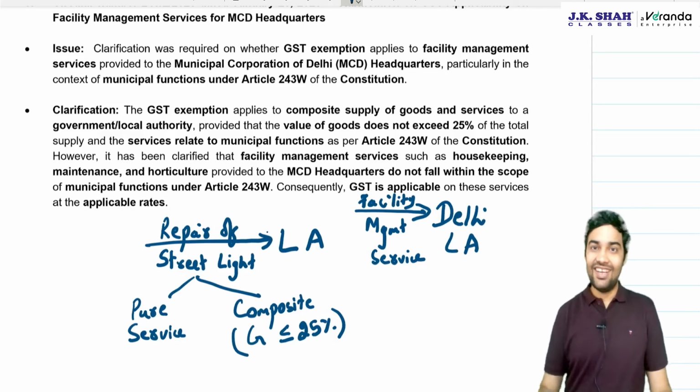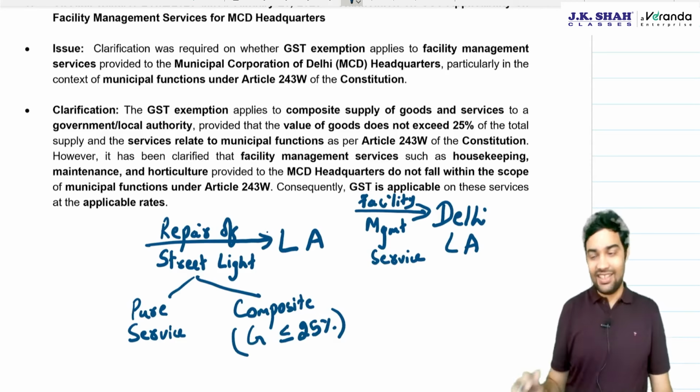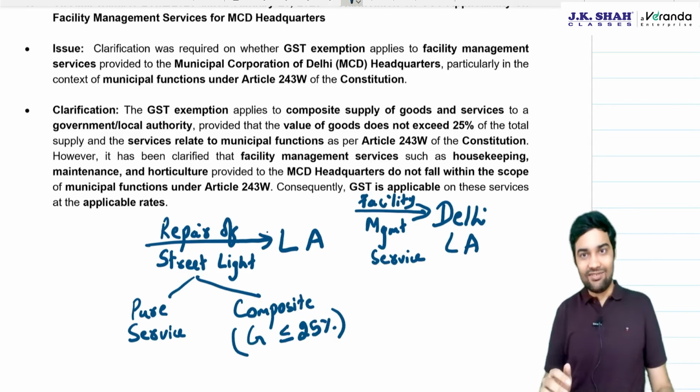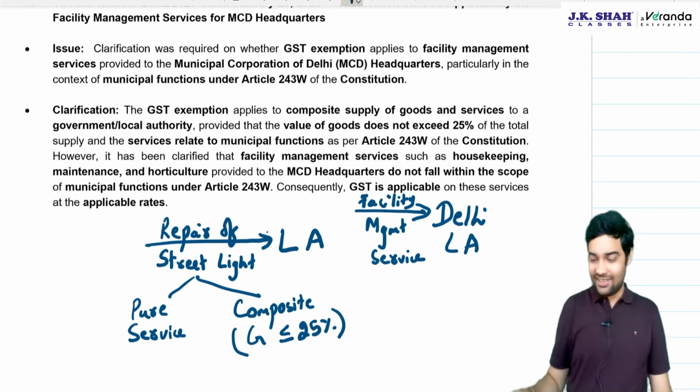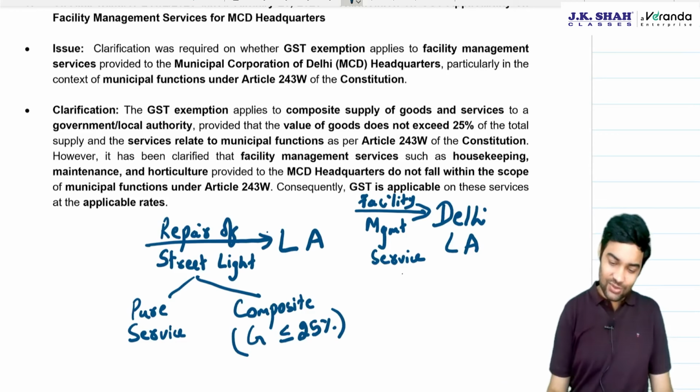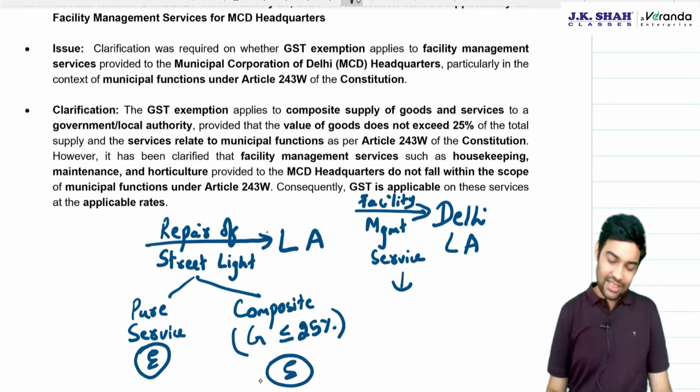Question: Delhi local authority takes facility management services for its headquarter, whether it is a constitutional function and whether this will enjoy an exemption as a constitutional function.